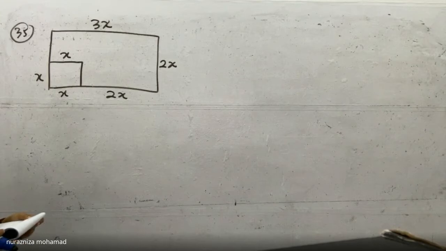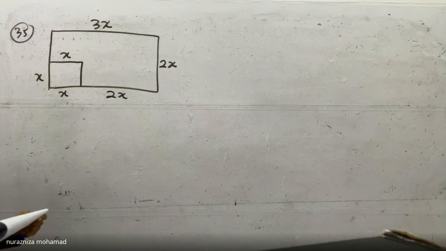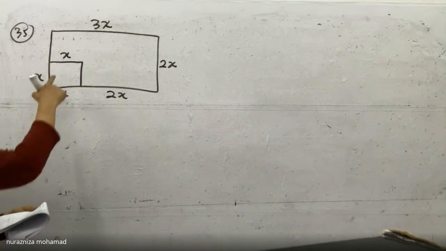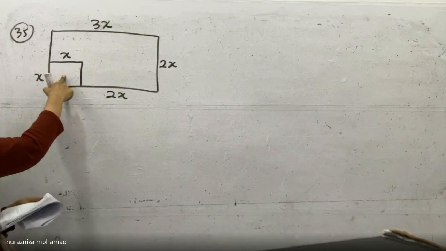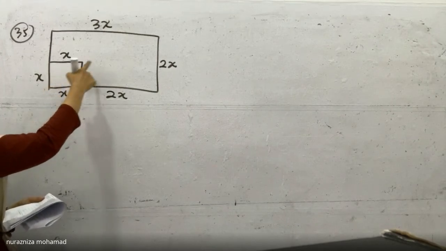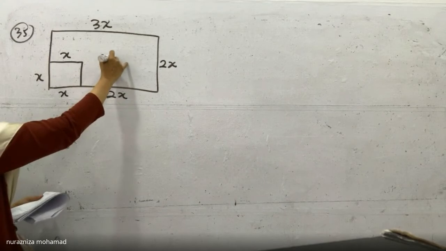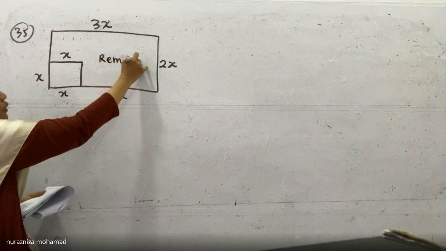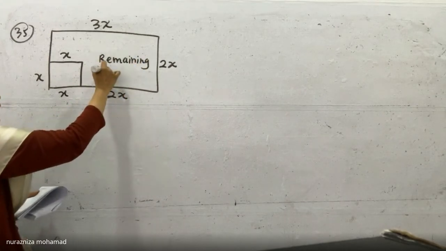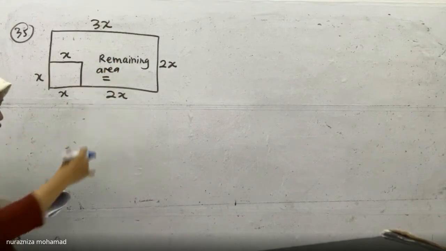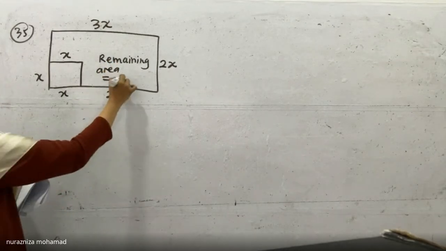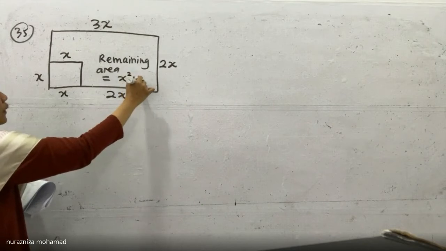Okay, find the range of value of x if the remaining area of the plywood is at least the remaining area. So this is the area that we take to make a table surface. So this is the remaining area. Okay, the remaining area is equal to x squared plus 4.